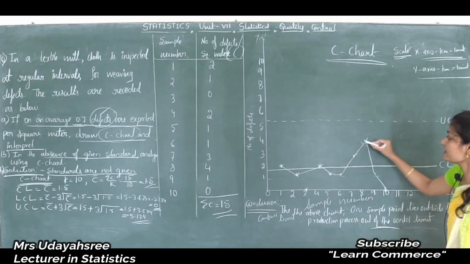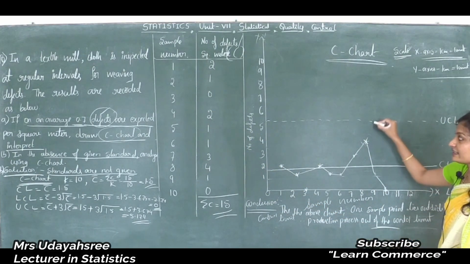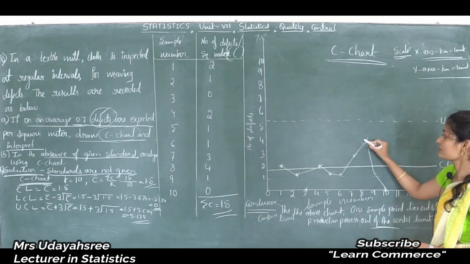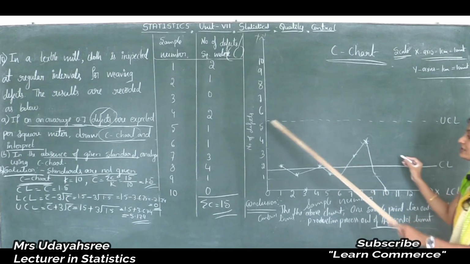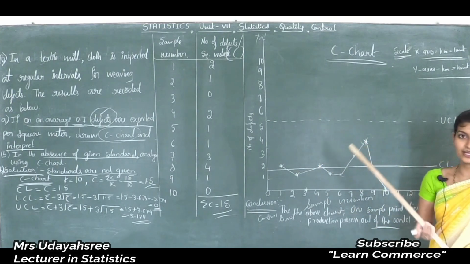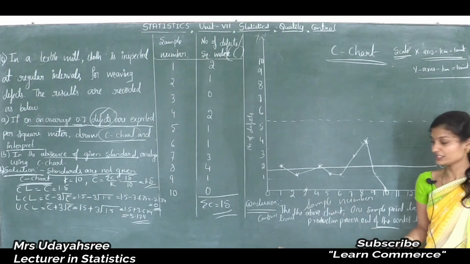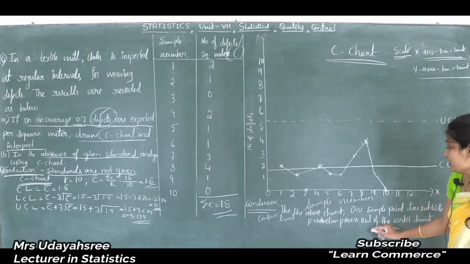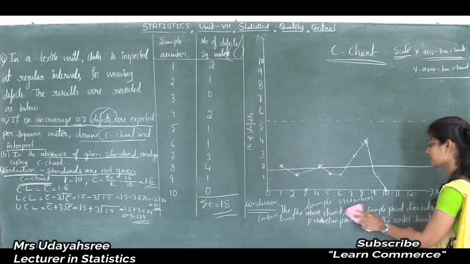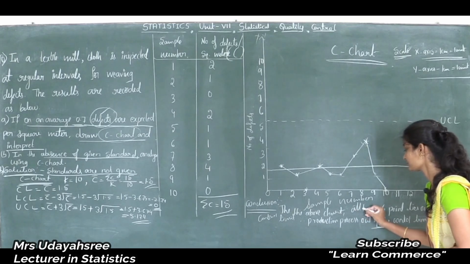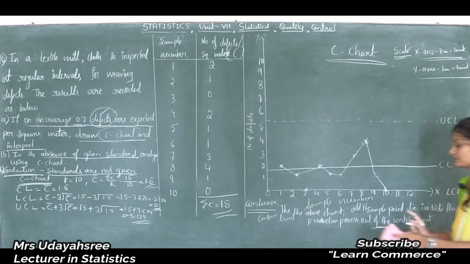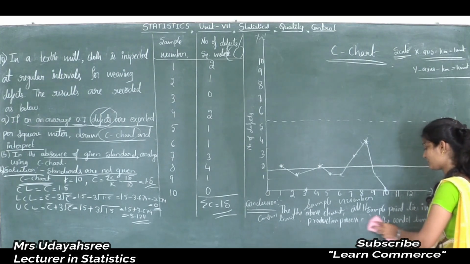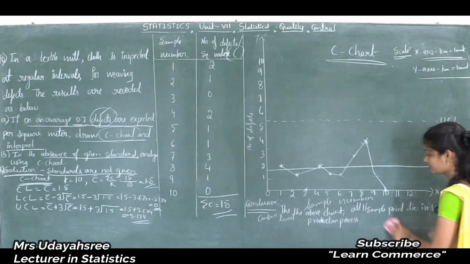Therefore see, here all the sample points are inside the control limits. This is upper control limit and this is lower control limit, and all the sample points lie inside the control chart. Therefore the conclusion is, in the above chart all the sample points lie inside the control limits, therefore production process is under control.